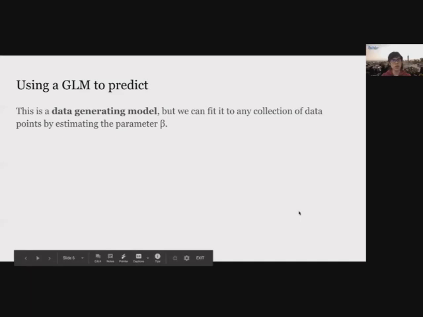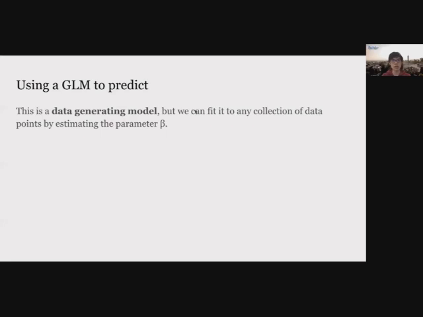Maybe one way to say what we did is that we've defined a data generating model. We've defined a way of generating labels Yi given our data matrix X. Even though what we've said so far is simply a mathematical object, so there's no relationship to the real world, nonetheless, we can try to fit the model to any collection of data that we see.